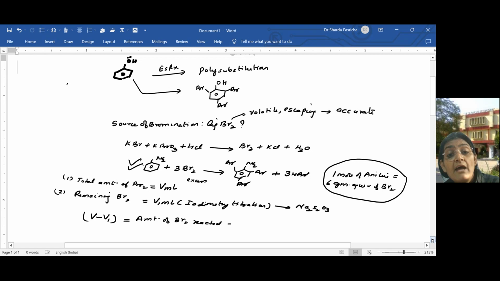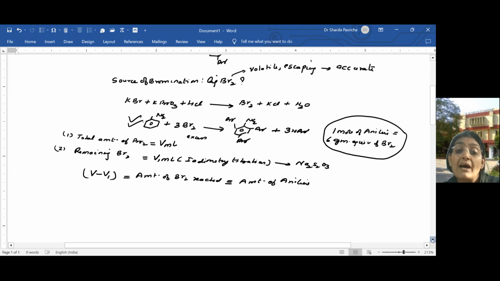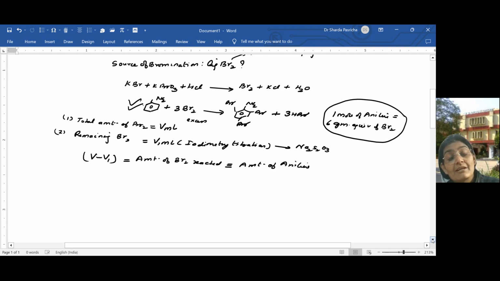That will be equivalent to the amount of aniline in solution. So that is the basis of estimation of aniline volumetrically by using the bromate-bromide method. Okay, so now let us understand the procedure for this reaction.